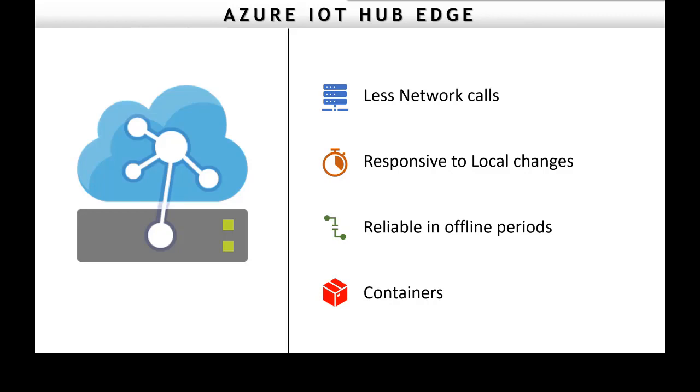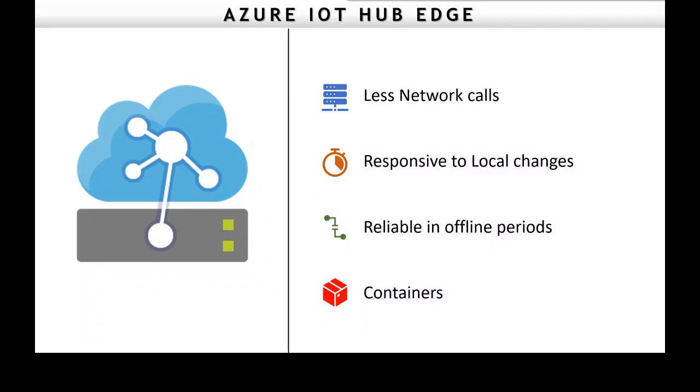So if, for example, we are out of network and cannot connect to Azure IoT Hub, our device might be able to store that data until the network is back so we won't lose the data. Or we can put an AI model in our device, and it can handle things rather than trying to call Azure IoT Hub and wait for the response.